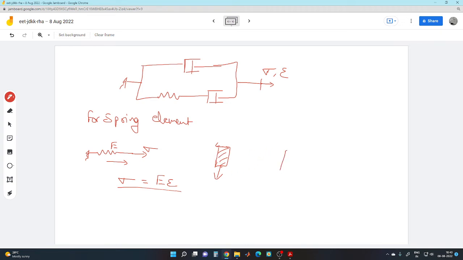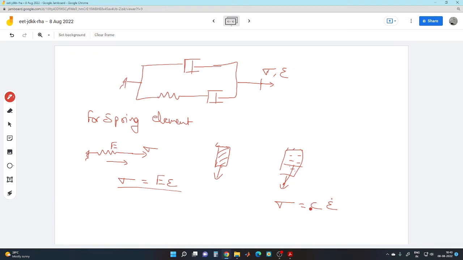And if it is filled purely with fluid, what will happen here is there is this piston that is getting pushed. So sigma will be equal to C epsilon dot.